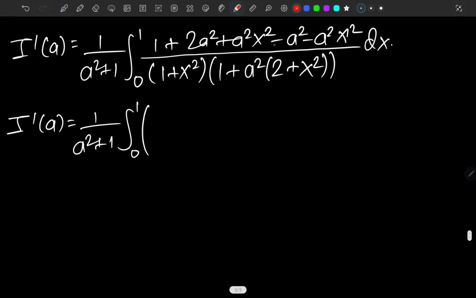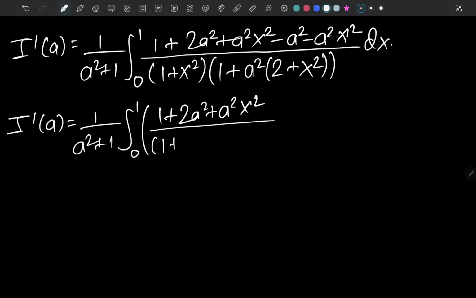So I'm just going to take this part as a separate part. That's going to give us (1 plus 2a squared plus a squared x squared) over (1 plus x squared) times (1 plus this). If you open this up, you're going to have 2a squared plus a squared x squared dx, not dx actually.